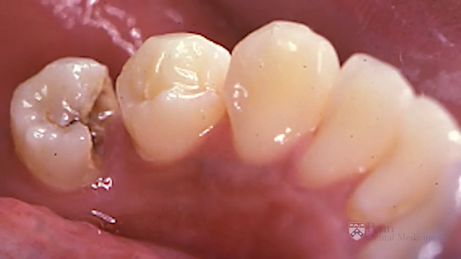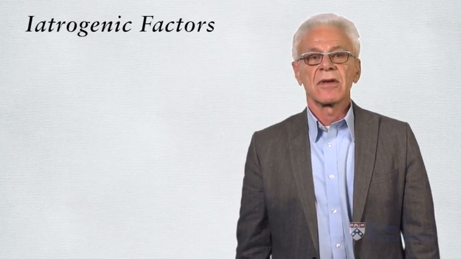In a normal alignment, teeth touch each other very tightly. When the contact is slightly open between the two teeth, that results in food impaction, which can damage the gingival tissues. This picture illustrates caries, which results in open contact. Another contributing local factor is the iatrogenic factor.